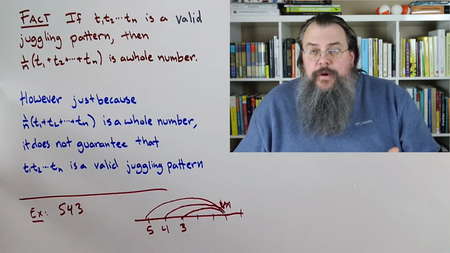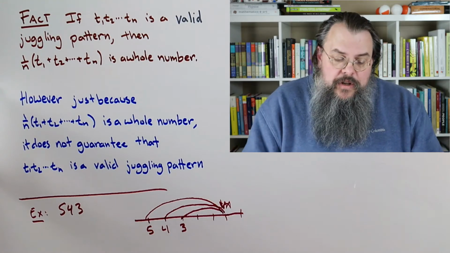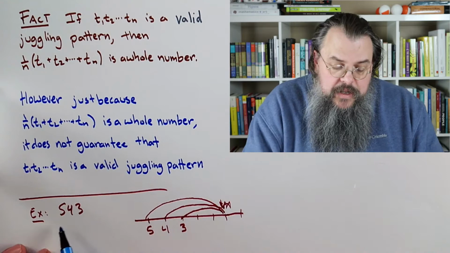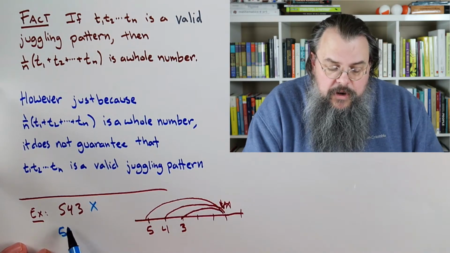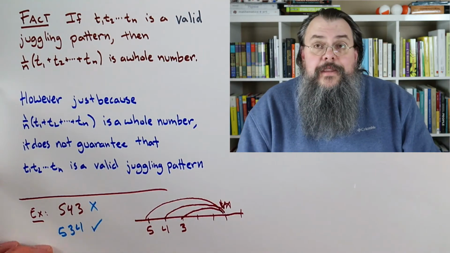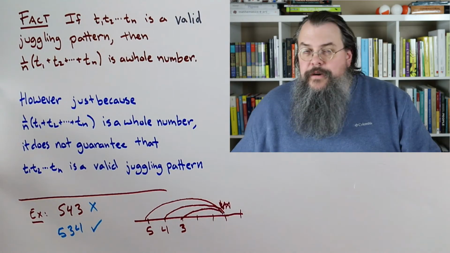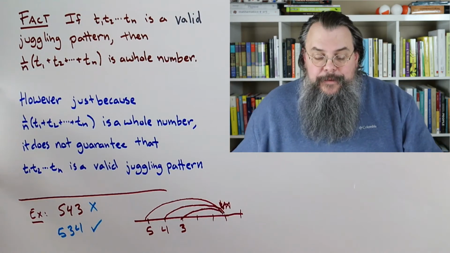As a quick example, what do we mean by salvaging? Well, 5, 4, 3 can't be juggled. But 5, 3, 4, yeah, that is very juggleable. It's easy to check, and I'll let you do that on your own time.